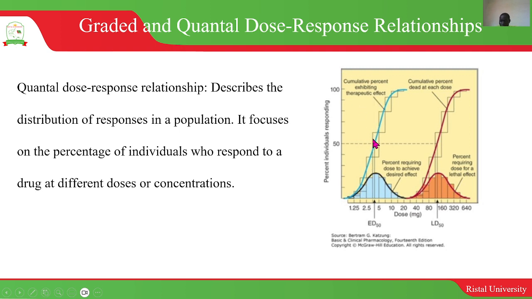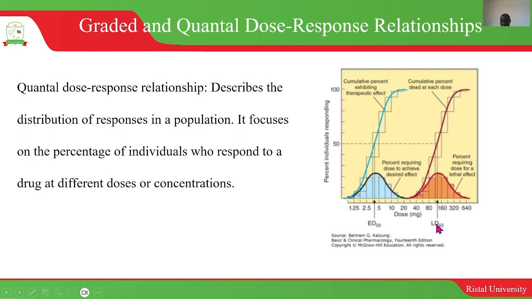So the dose response is corresponding to within the normal expectations of the treatment. The next one is a cumulative percentage dead at each particular dose. The LD here means lethal dose.